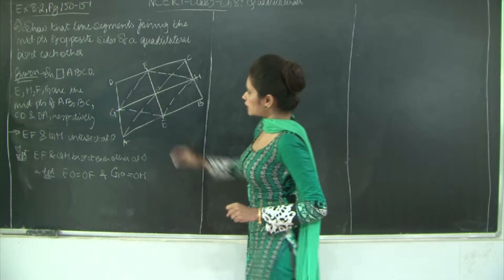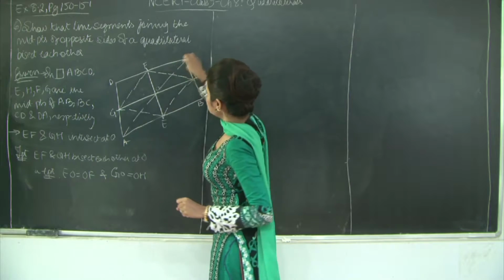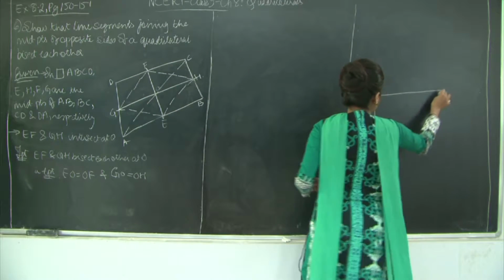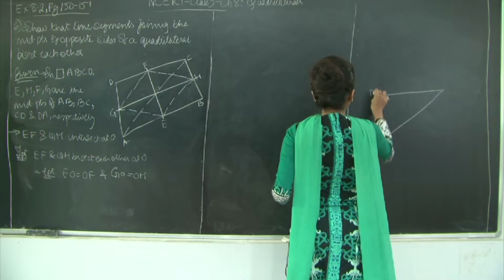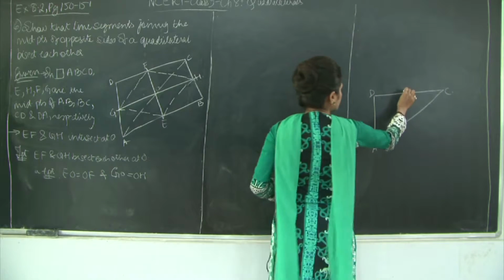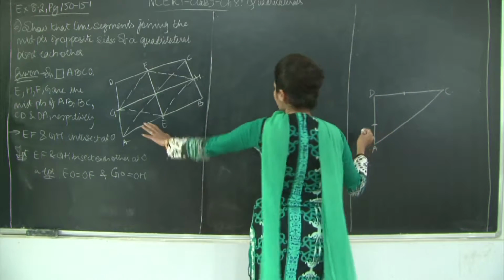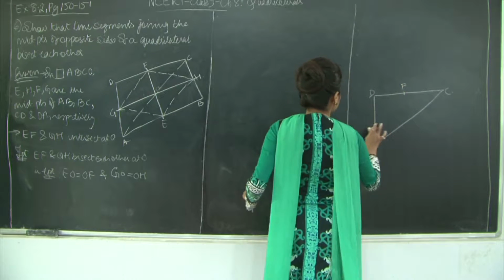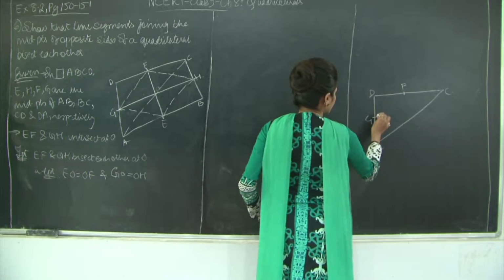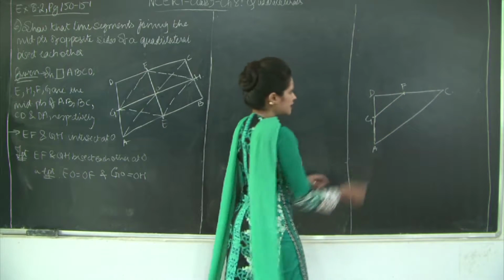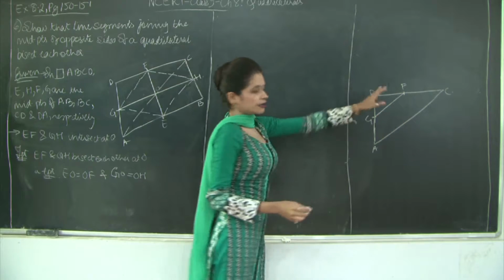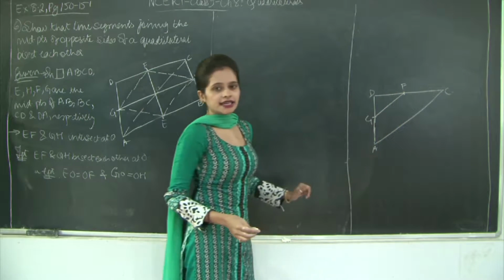So, if you take into consideration this triangle DAC, let us draw it. I have D, A and C. We have the midpoints here: F, and the midpoint over here is G. For my triangle DAC, F and G are the midpoints of DC and DA respectively.